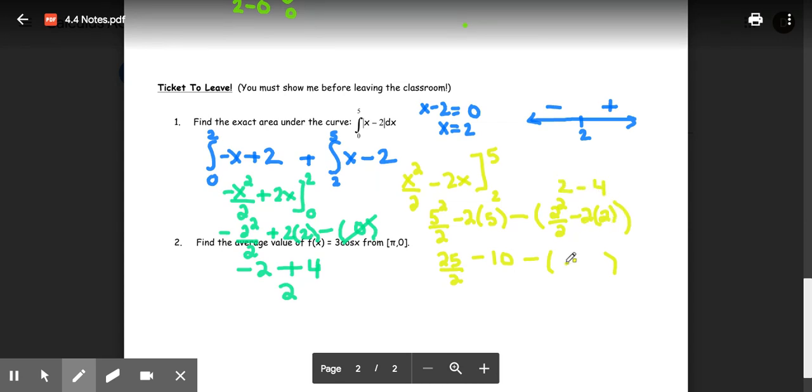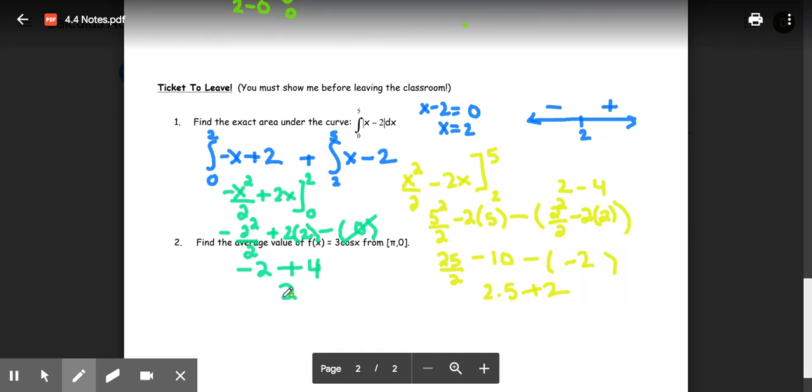So that ends up being negative 2 in here. Then 12 and a half minus 10 is 2 and a half, and then plus 2. So that's 4 and a half.